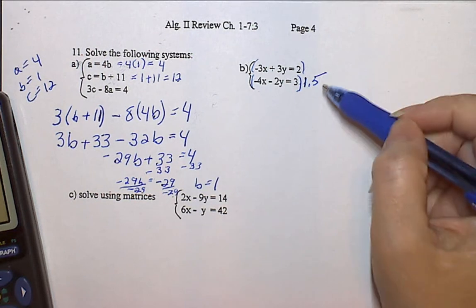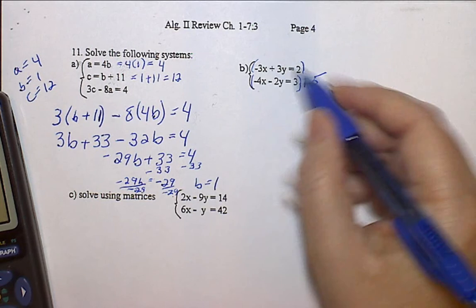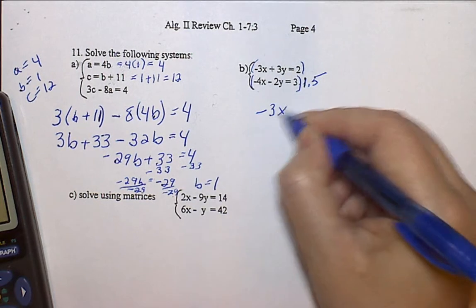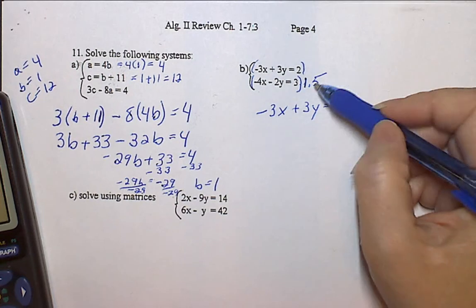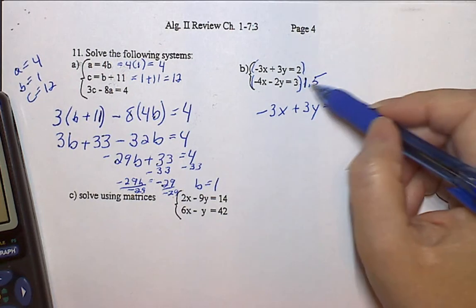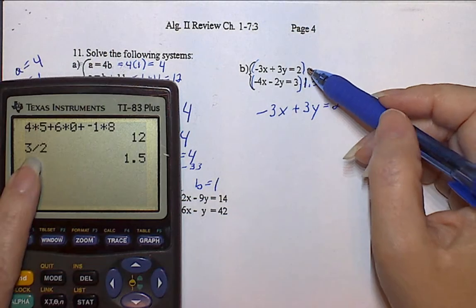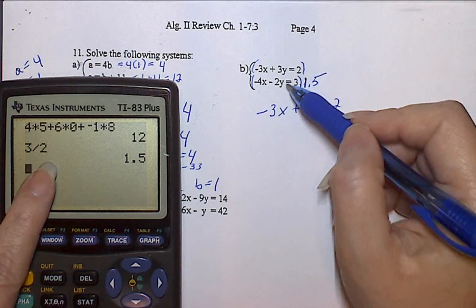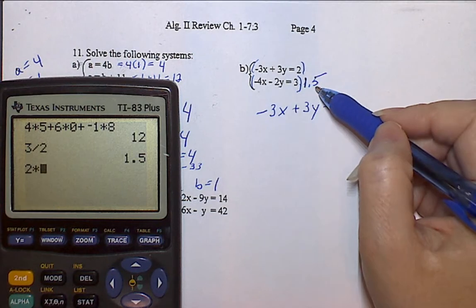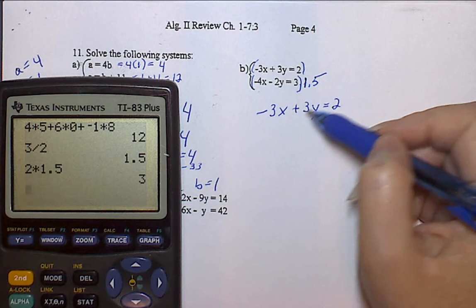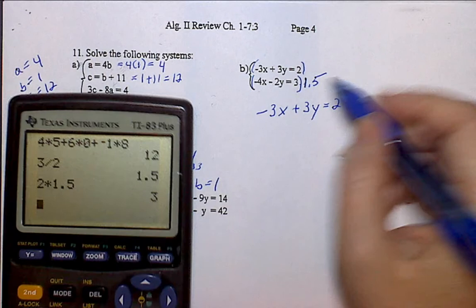So right here we have multiplying it through. I'm going to bring this down, negative 3x plus 3y equals 2. And I'm going to multiply the bottom by a 1.5. And how I got that, just so you know, is I took 3 and I divided it by 2. So I know now that when I multiply 2 times my 1.5, I'm going to get 3.